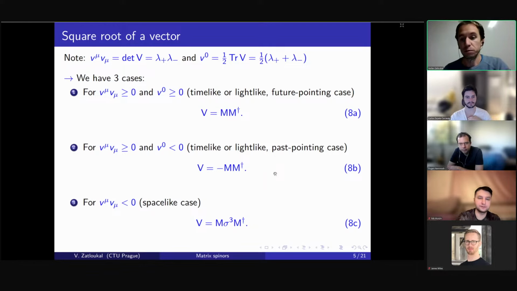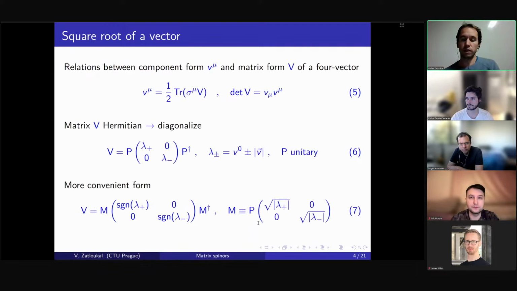And then we can also have a space-like 4-vector, and this is the case of the determinant being smaller than 0. In that case, the 2 eigenvalues have different signs, and the square root amounts to sticking the sigma 3 matrix in the middle, where sigma 3 is 1, minus 1 on the diagonal.